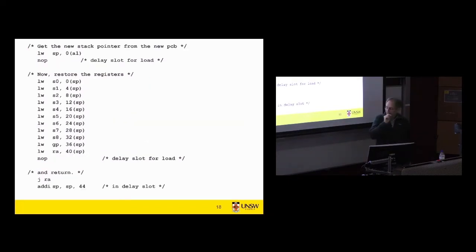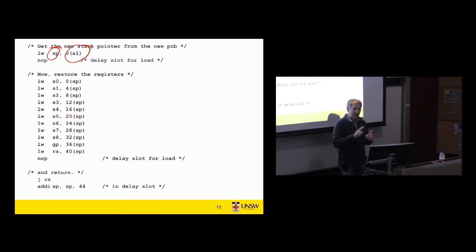So given that this is how we save the state of the current coroutine, anything we switch to must have been in exactly the same state, because they will have called yield in the past and stored things in exactly the same format. So by loading the stack pointer for the coroutine we're switching to, we've now switched stacks.